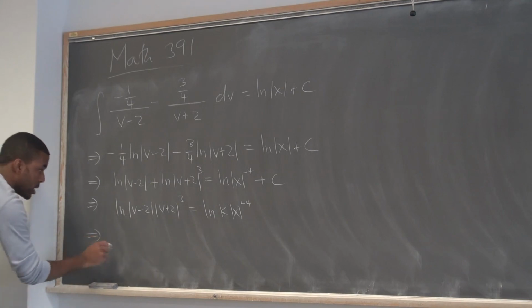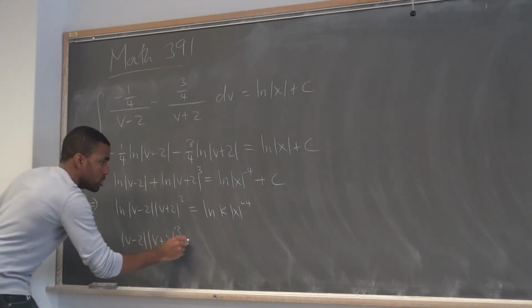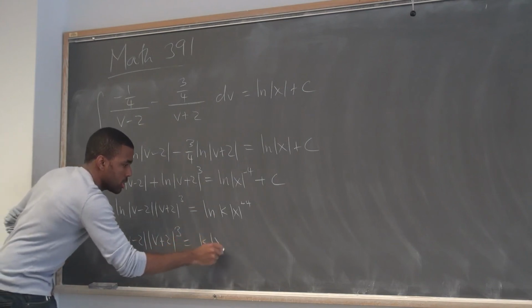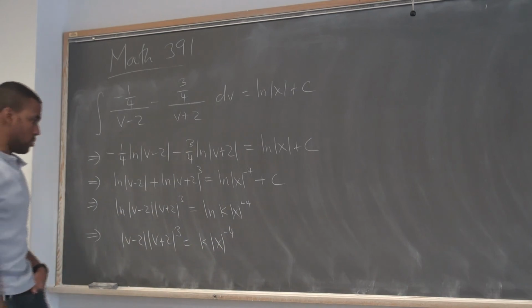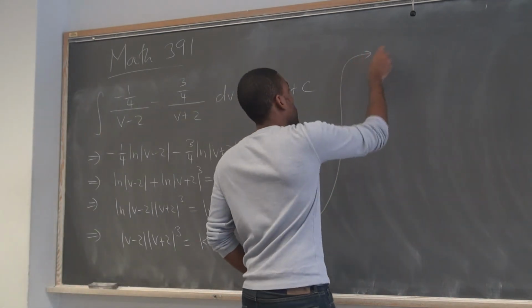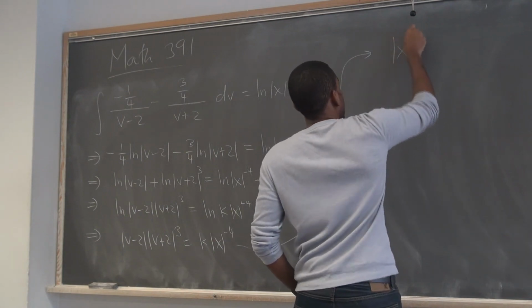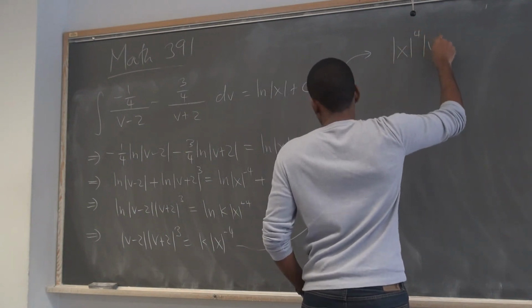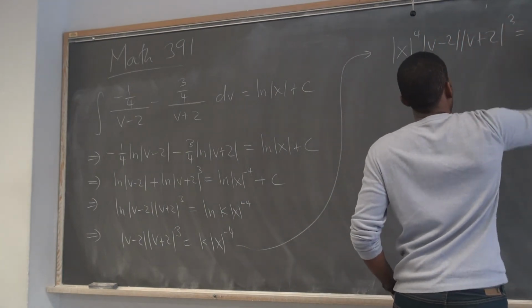And so now I can drop the ln's. v minus 2, v plus 2 cubed equals some constant x to the minus 4. And so x to the 4th times v minus 2, v plus 2 cubed equals some constant.